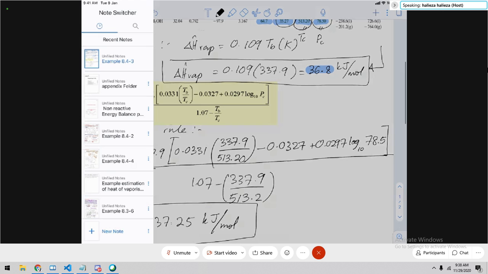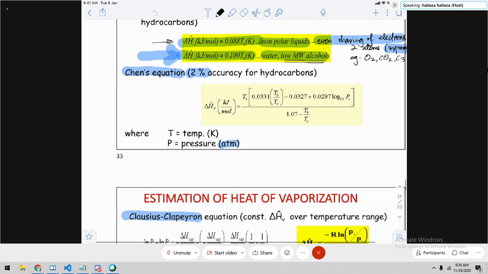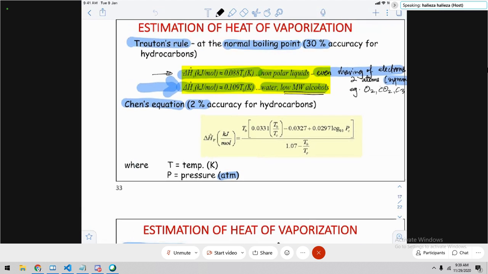So let's go back to our notes. Any statement? Okay, please have a look. There is this statement: hydrocarbon. The accuracy is good for hydrocarbon. Just now we were looking at methanol. Methanol is an alcohol. If you look at this equation, it specifically specified for low molecular weight alcohol. So Trouton is the better equation than the Chen equation.